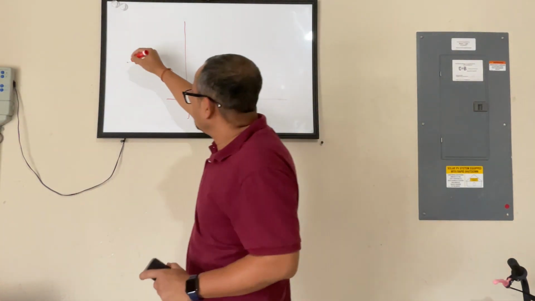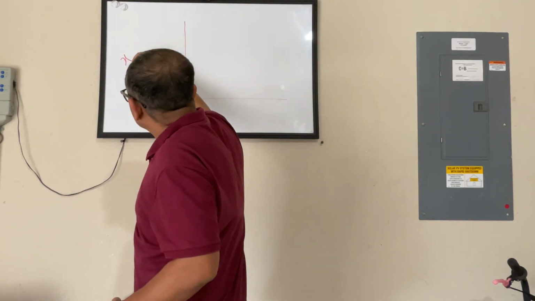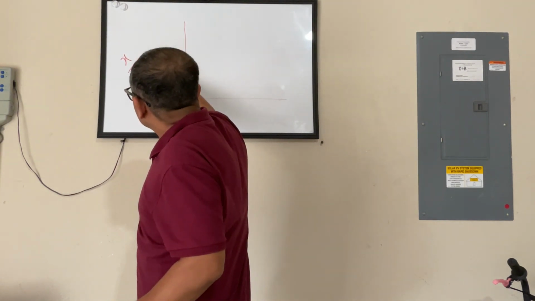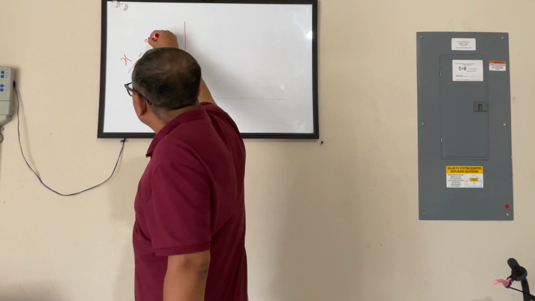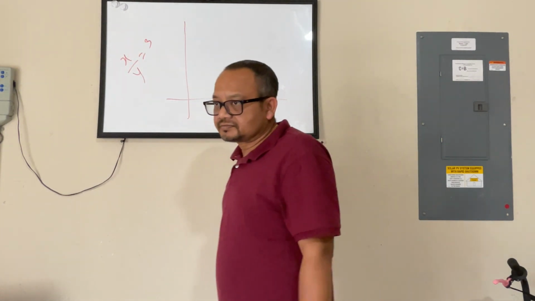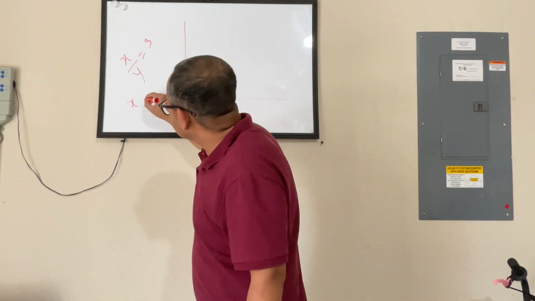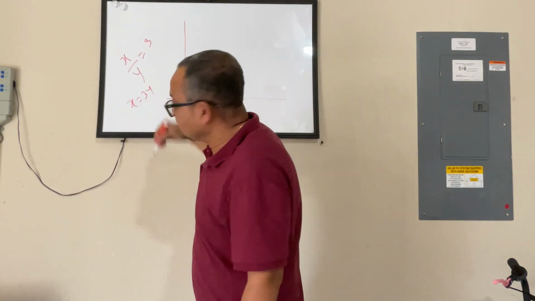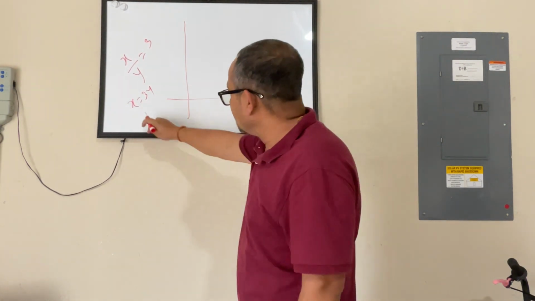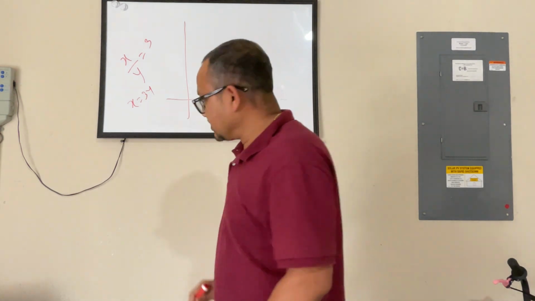Let's pick up, let's say, x by y equal to 3. The linear equation. I can write this as x equal to 3y also. Both the variables have only power 1, so it's a linear equation.